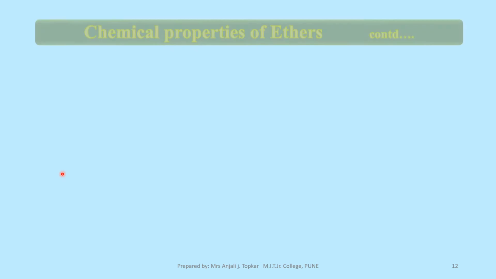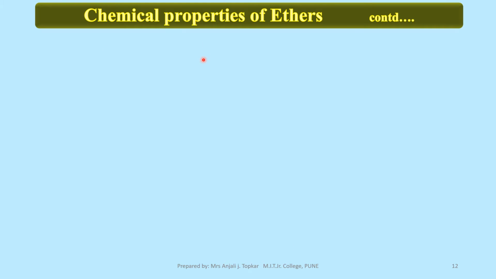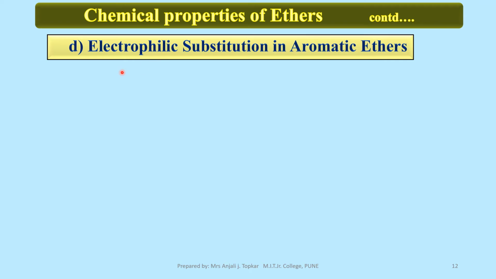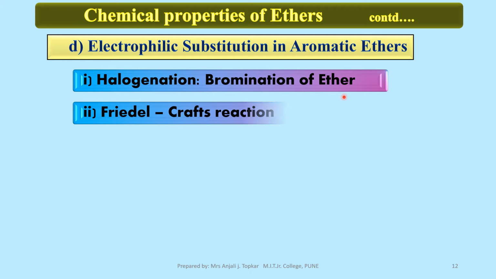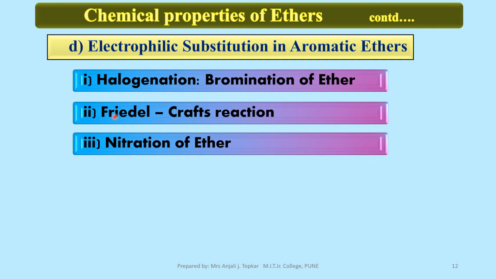Let's talk about the chemical properties, especially electrophilic substitution reaction in aromatic ethers. First we will see halogenation, that is bromination of ether. Then we are going to deal with Friedel-Crafts reaction.